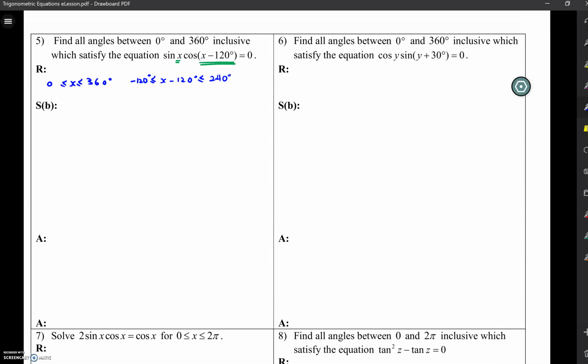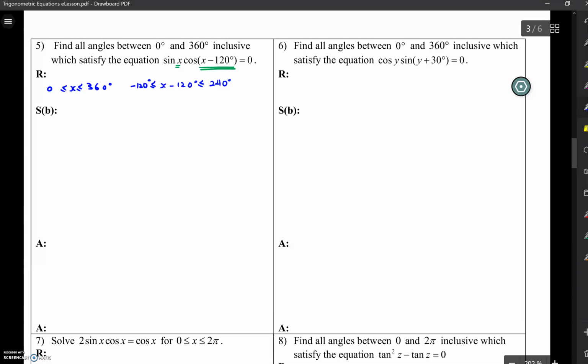Okay, so now the next thing we need to do is to solve for the basic angle. So for this case, since sine x times cosine x minus 120 degrees is equal to 0, this is like saying it's a 0 product.